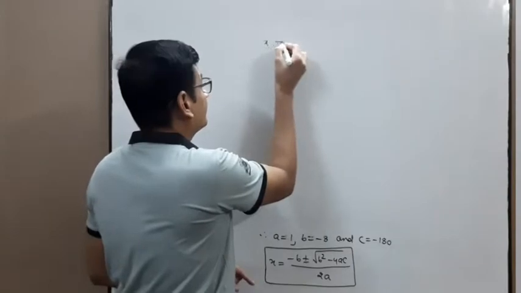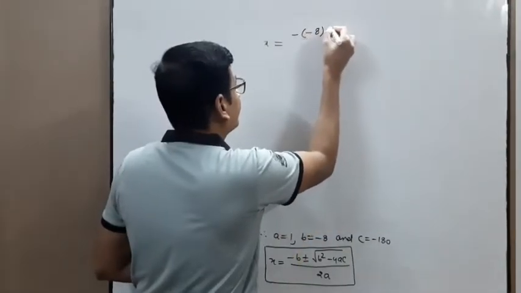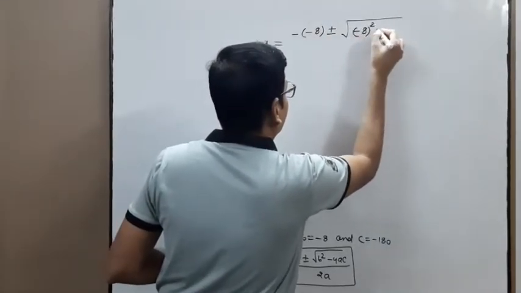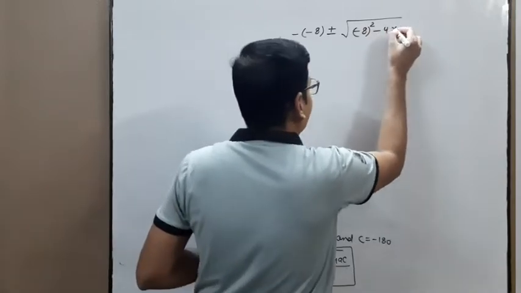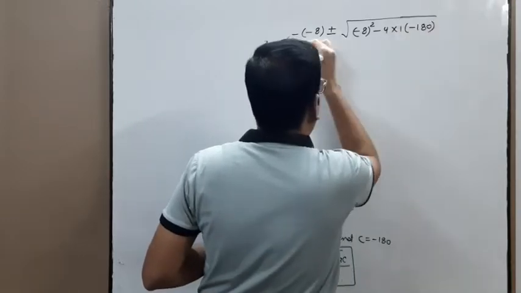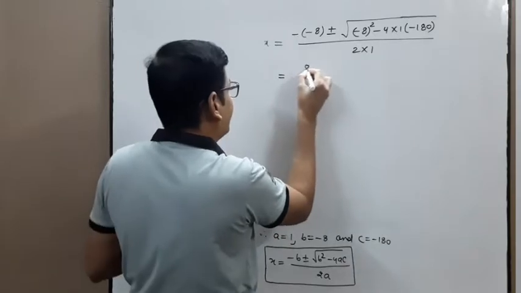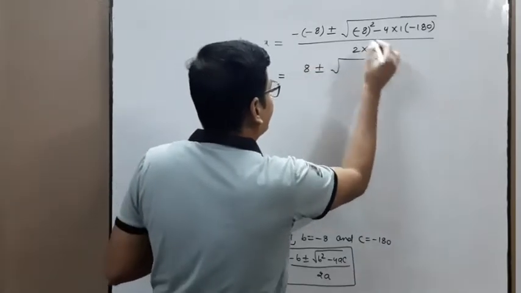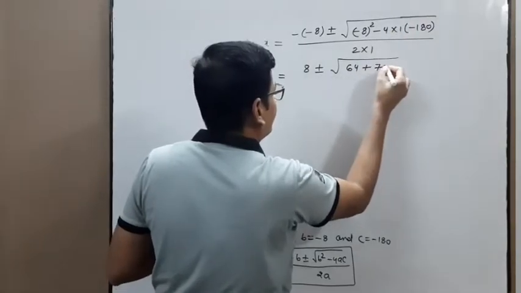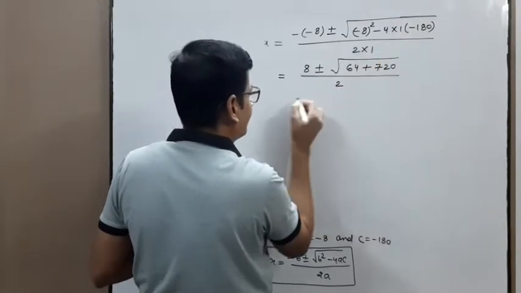x equals minus b, so minus of minus 8, plus minus root of b whole square minus 4ac. The value of c is minus 180, upon 2a, 2 into 1. Now simplify. 8 plus minus root of 8 square, 64, plus 4 into 180 is 720, upon 2.